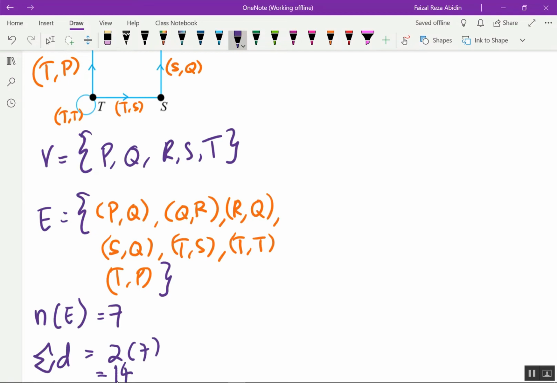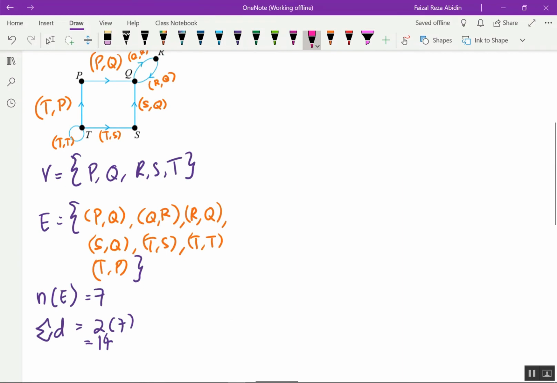Now I want to list down my degree for every vertex. For P, I want to look at the in-degree for P over here. Is there any in? Yes, 1 only, right? So we write down 1. Then the out-degree from vertex P. How many out there?